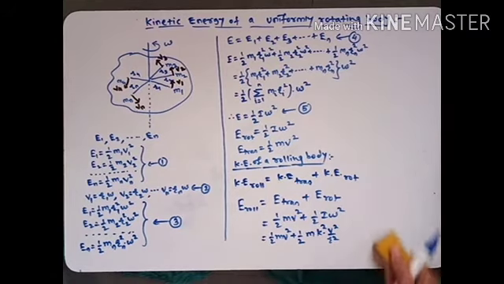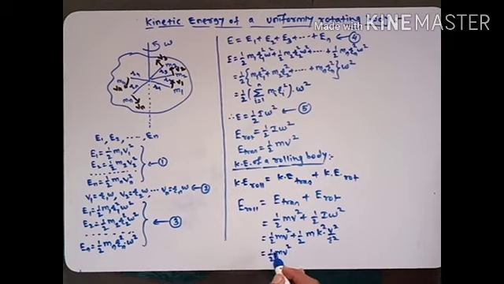Therefore we can write the kinetic energy of rolling is equal to half mv square as common, into bracket 1 plus k square upon r square. This is the rolling kinetic energy.